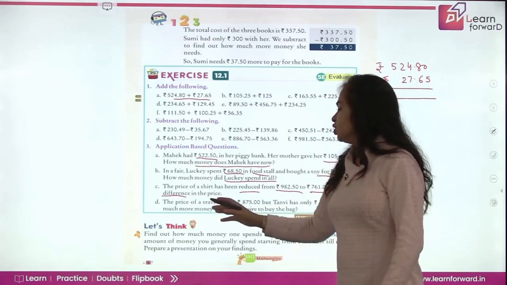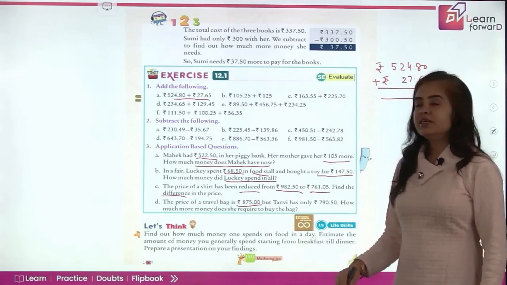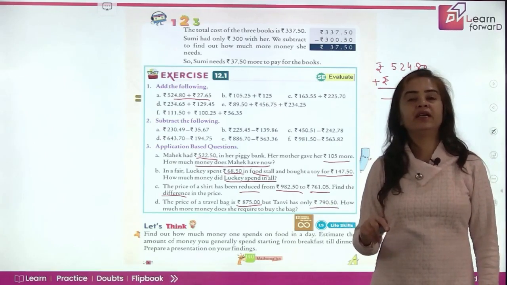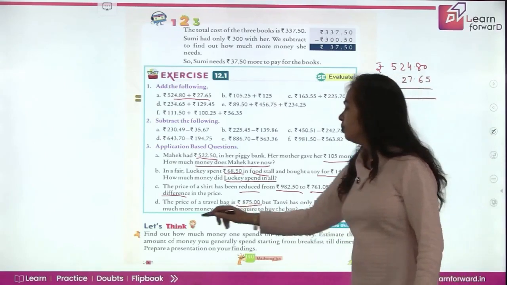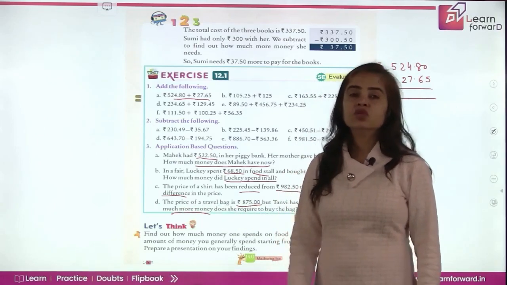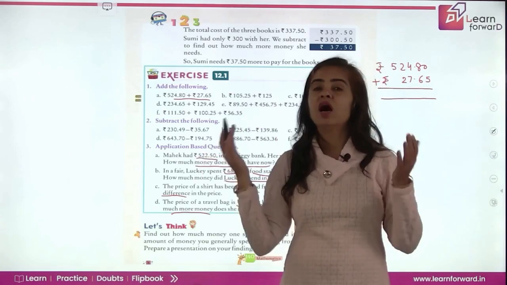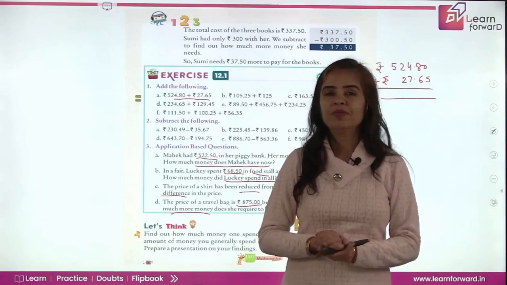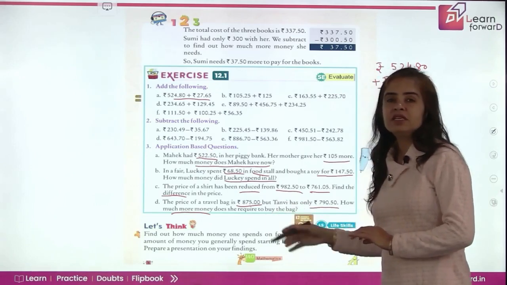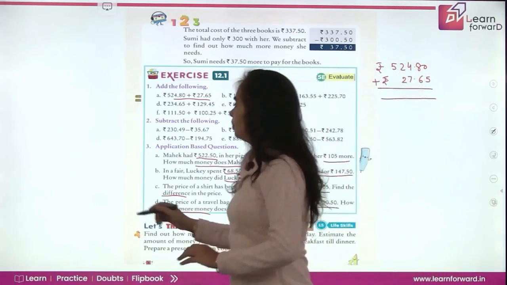Now, the price of a travel bag is rupees 875, but Tanvi has only rupees 790.50. How much more money does she require to buy that bag? So, when you have to find out how much more, how much less, what do we do? We find out the difference. Yes, we can just represent this on the number bars also.